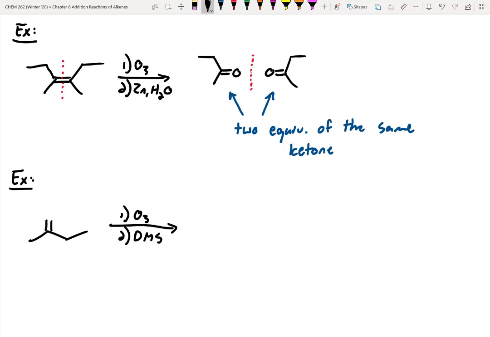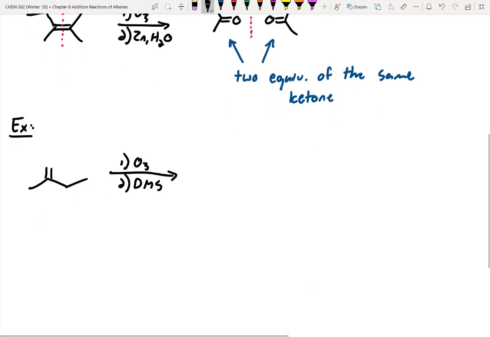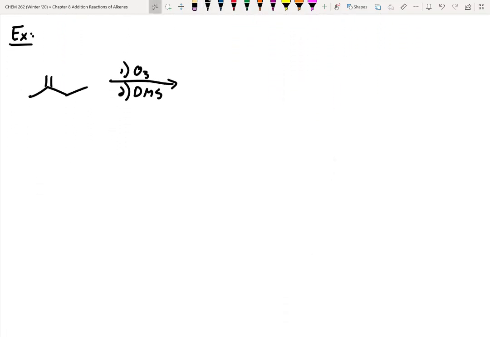So this one, we've got an alkene that looks a little bit different. All right, so same idea.